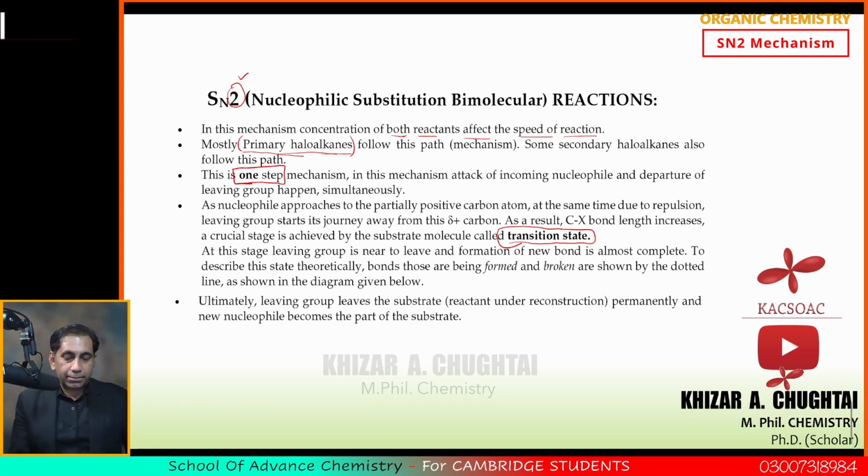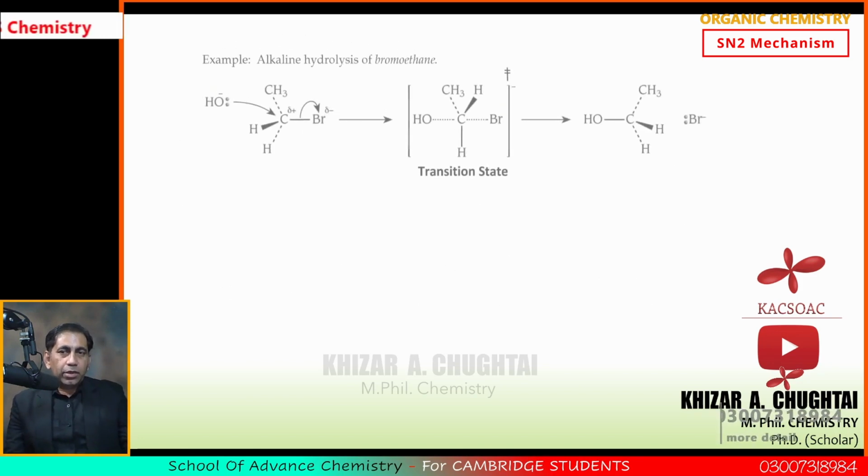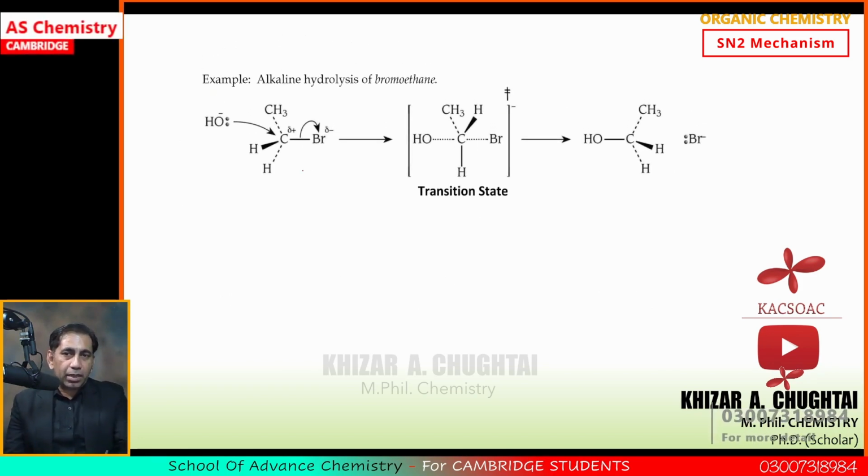Let's see this in the picture. For example, this is a primary haloalkane, bromoethane. Here is the polar bond. This carbon is partially positive, and this Br is the partially negative atom.